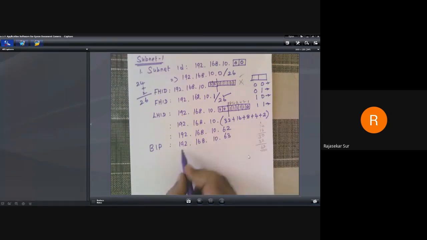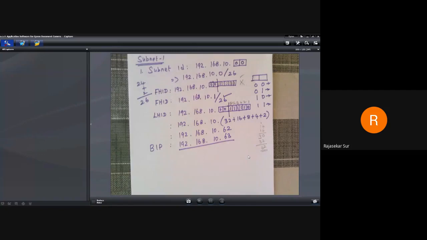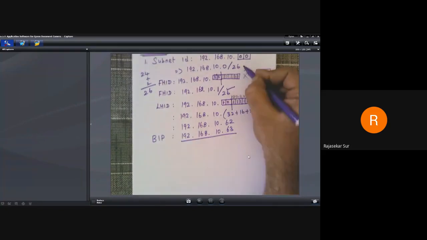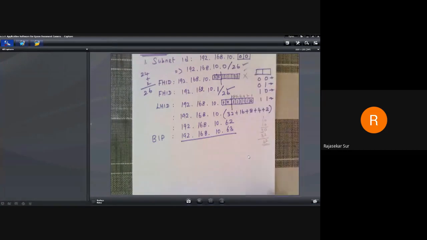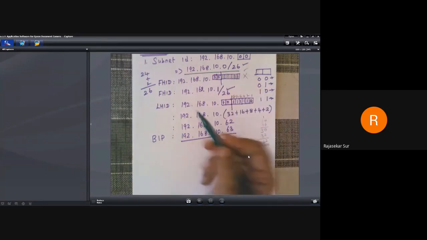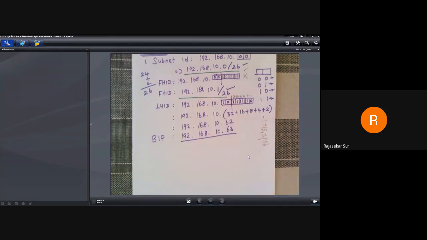This is going to be your broadcast IP address. So for your first subnet, this is the subnet ID, this is the first host ID, this is the last host ID, and this is your broadcast IP address.